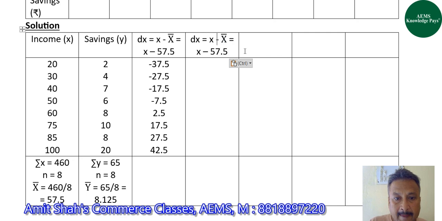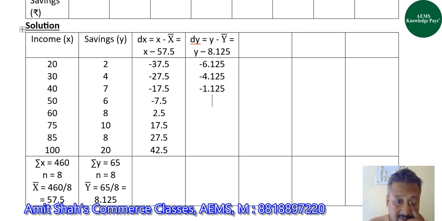The same way we will calculate dy, that is the deviation of each y from its mean, that is y minus 8.125. So 2 minus 8.125 is minus 6.125, then minus 4.125, then minus 1.125, then minus 2.125, sorry.